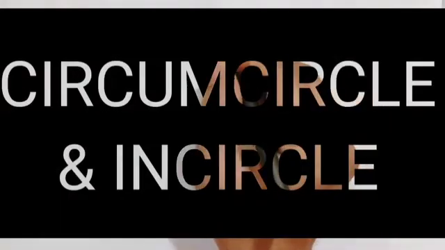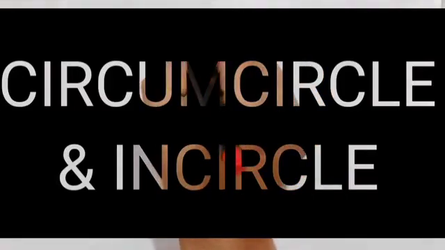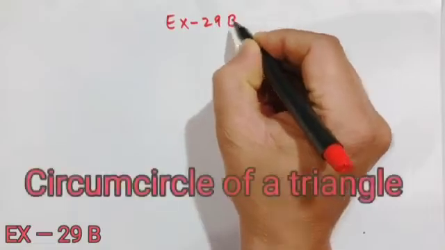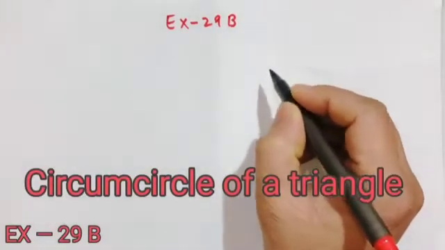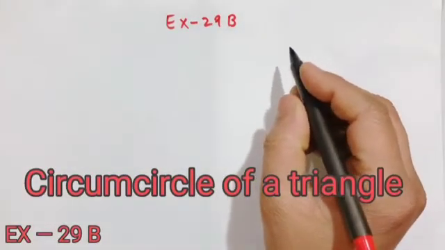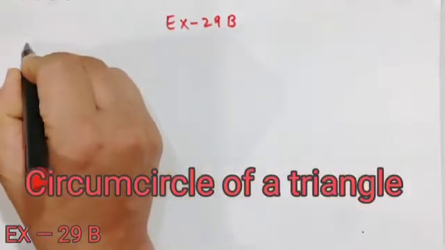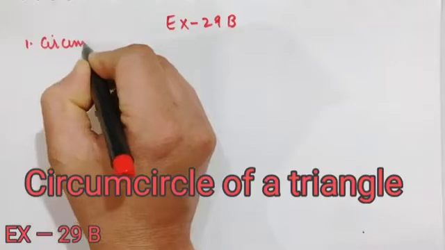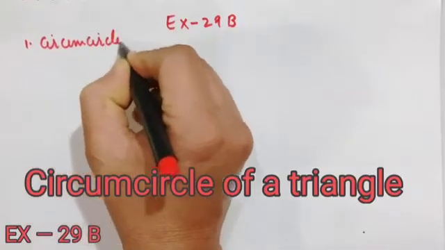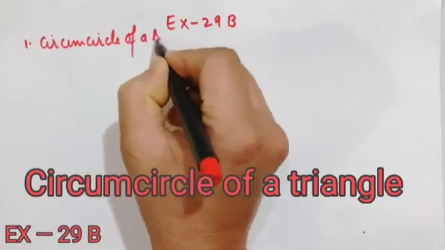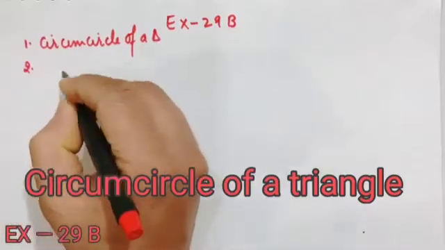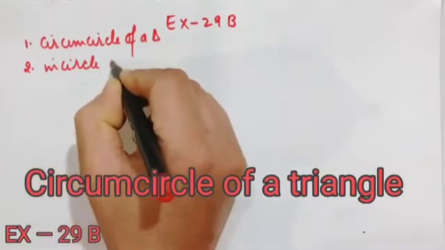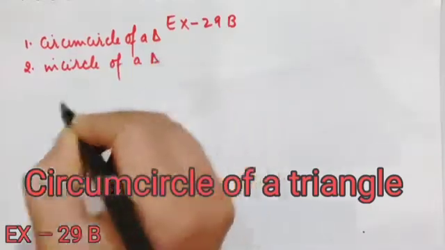So let's start with exercise 29B. In this exercise 29B, we shall be dealing with circumcircle of a triangle, and secondly incircle of a triangle.